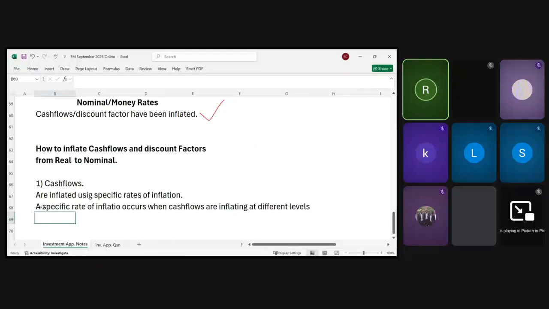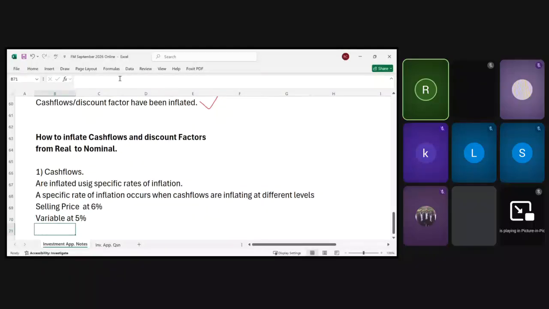So if we have our cash flows inflating at different levels, we call them specific rates of inflation. I want to give an example. Assuming that we have the selling price at 6%, and then we have variable costs at 5%, and fixed costs, for example, at 4.5%.